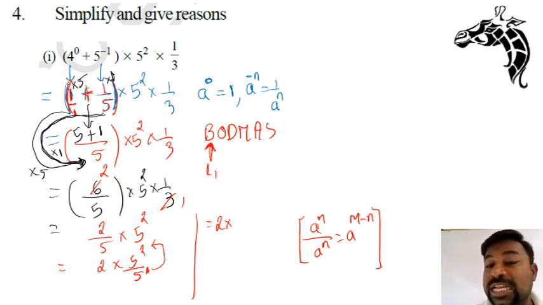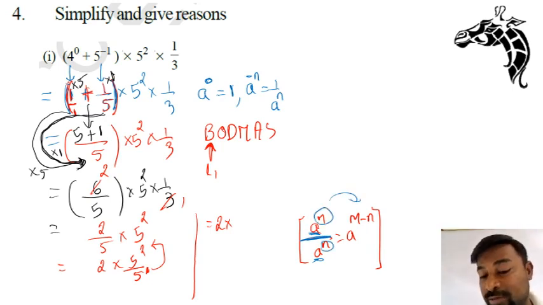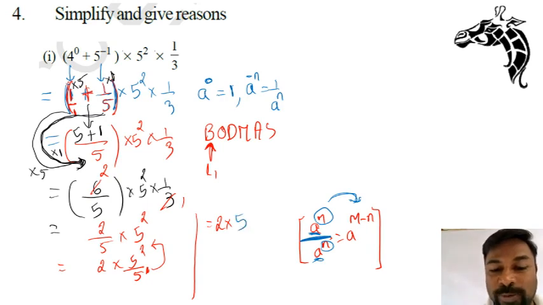If you want to say it in simple words, if we have the same bases and there is a division in between, then the powers should be subtracted. You can check it out. I repeat, if the bases are equal and division is in between, then the powers should be subtracted. That is what we are doing. 5 to the power 2 minus 1, which equals 2 into 5 to the power 1, which is nothing but 10.